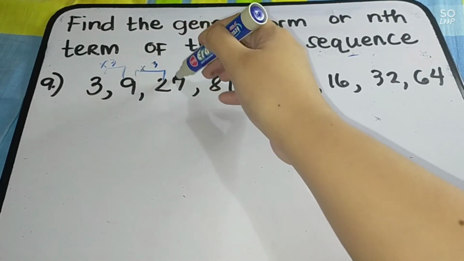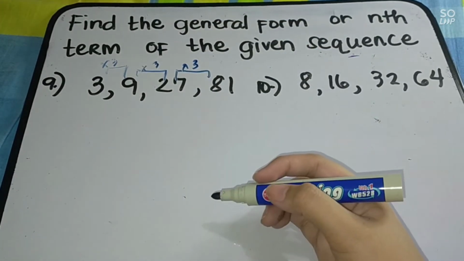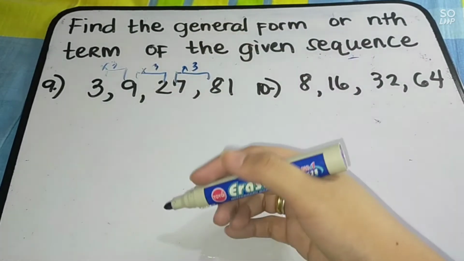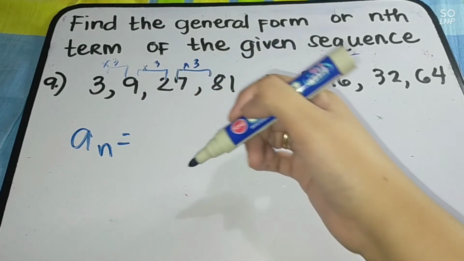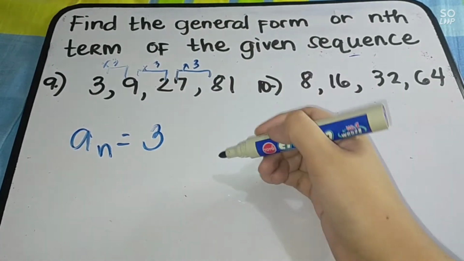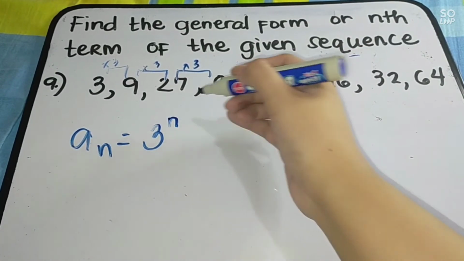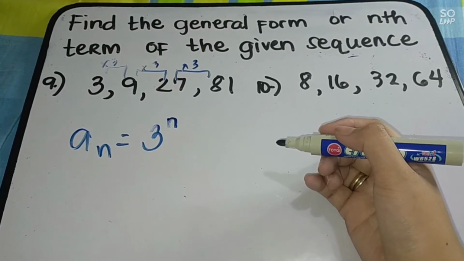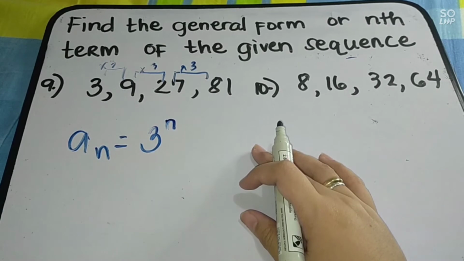When it is multiplication, you will have an exponent. So, we have here a sub n is equal to 3 to the n, since it is times 3, your base becomes 3. That is your base. And then, your exponent is n. That simple. When it is multiplication, we have an exponential or exponent.